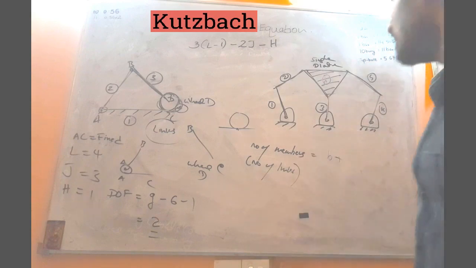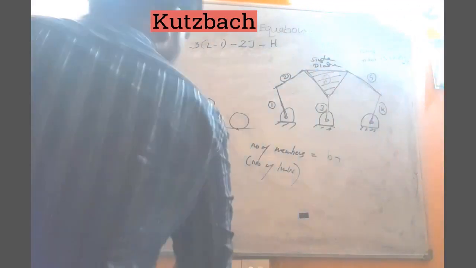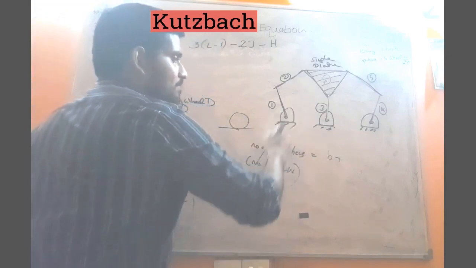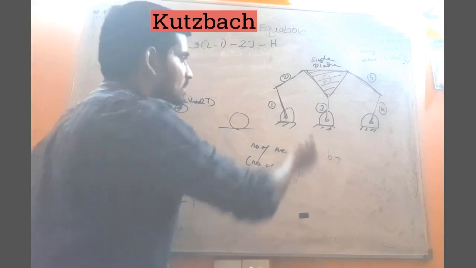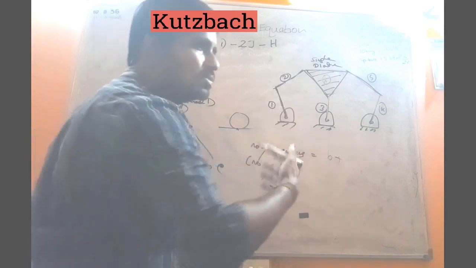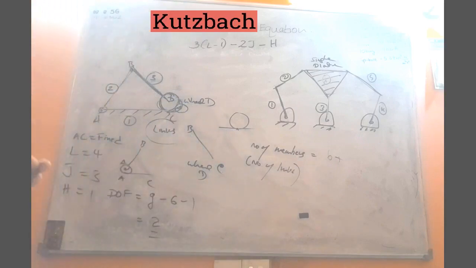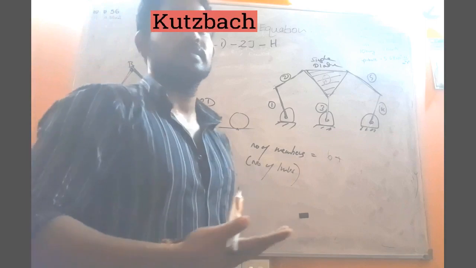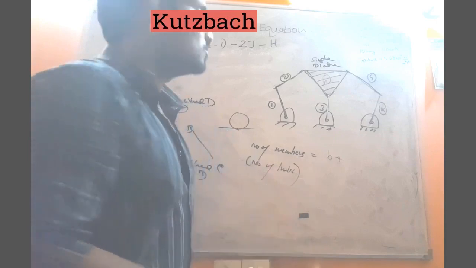The reason is, if I consider this question, how can you connect this link with this joint if there is no sort of frame, or no sort of foundation or base?